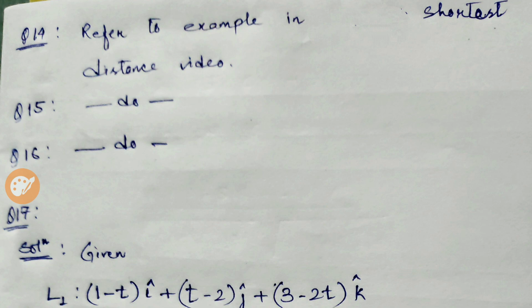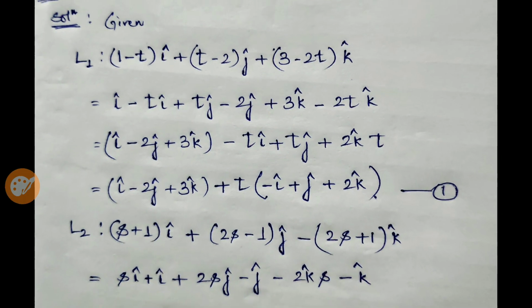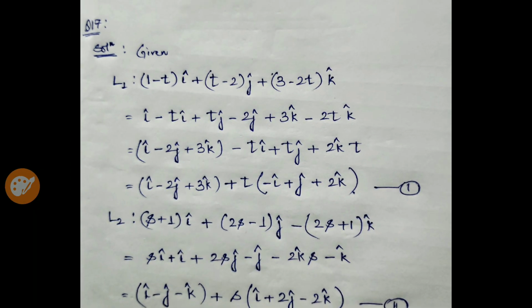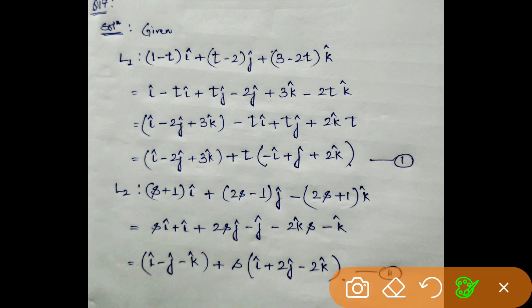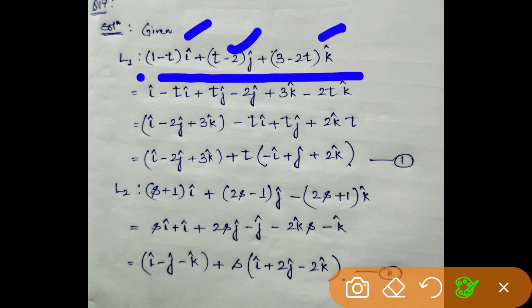Now let's move on to question number 17. I just want to show you that they are written in a different form, but you can bring them into the actual a vector plus lambda b vector form. See, our line is given like this. You can see there is a t. That t will act as the constant, which we had as lambda before.